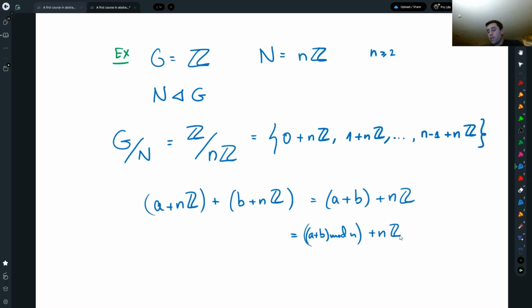So you can see that this G modulo nZ is isomorphic to the usual Z modulo nZ, which we've usually worked with as 0, 1, 2, up to n minus 1 modulo n.